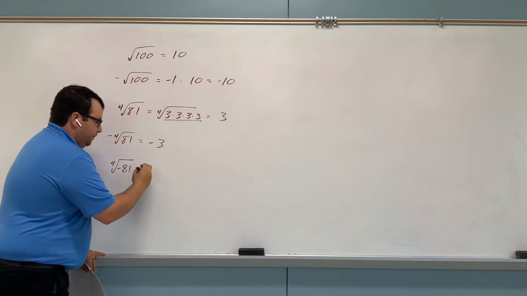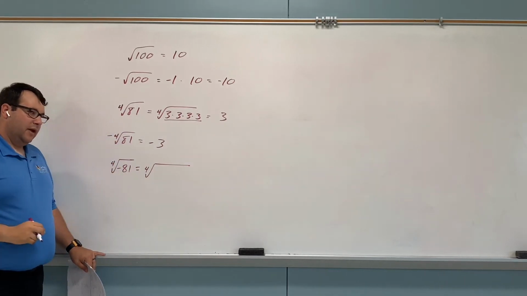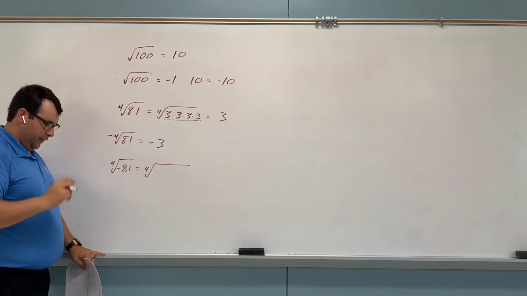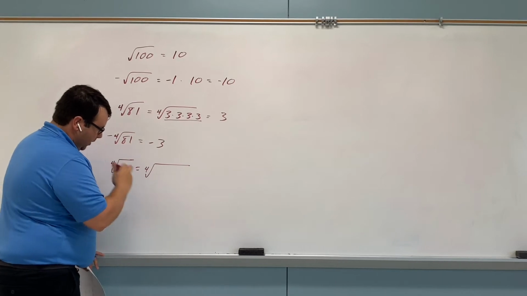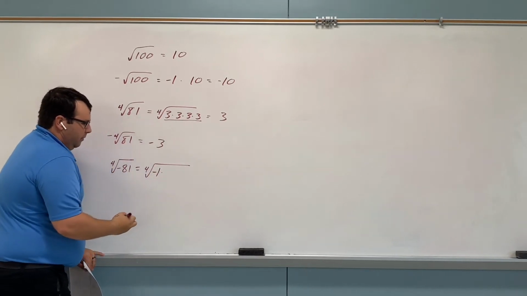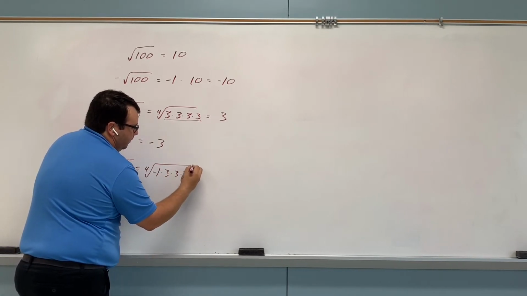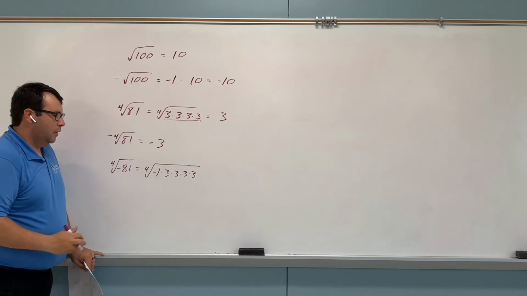Let's take a look at it. This negative inside of the radical, if I were to try to apply it to everything, would be negative 1 times 3 times 3 times 3 times 3. Now here's the thing.